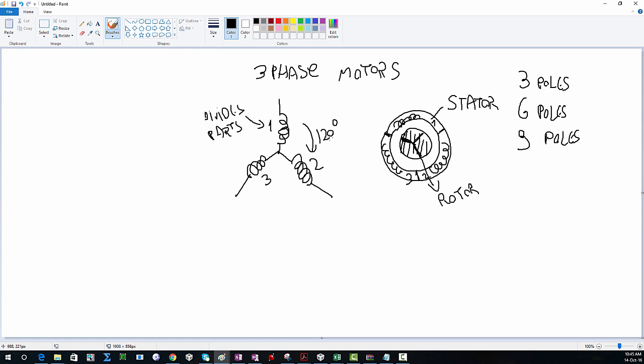Okay, so now we can see something that is strange, and it is that we are applying voltage just at the same time into two places.